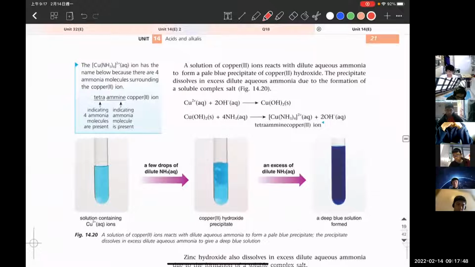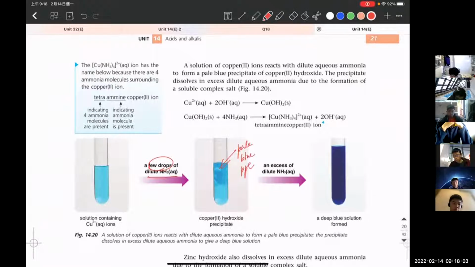First, for copper. Once I add ammonia to it, while I add just a little bit of ammonia, the precipitate here is just pale blue.